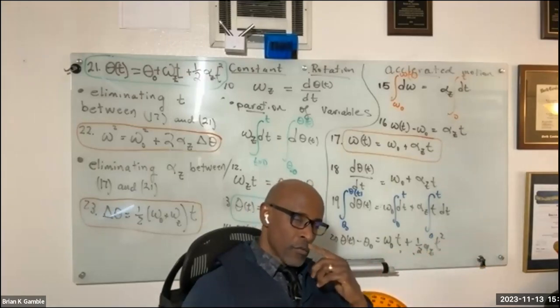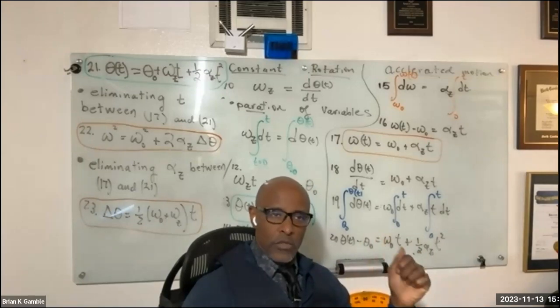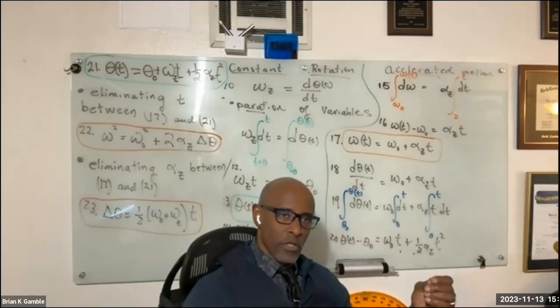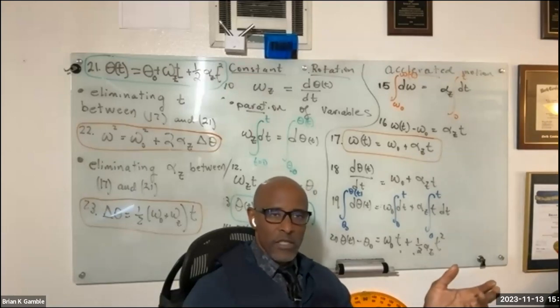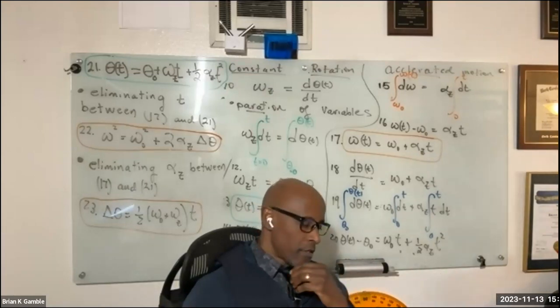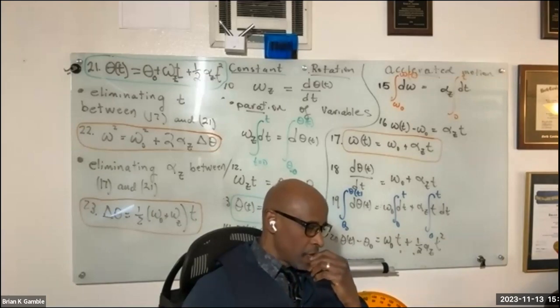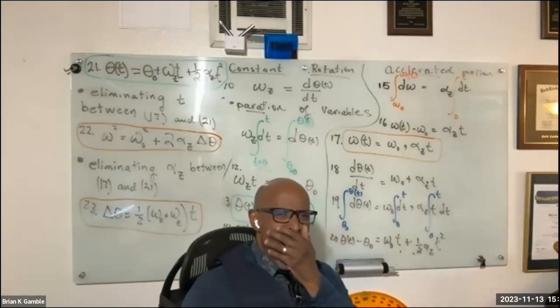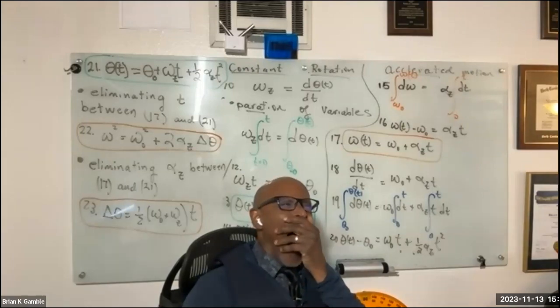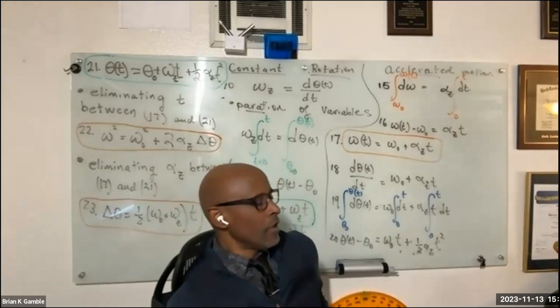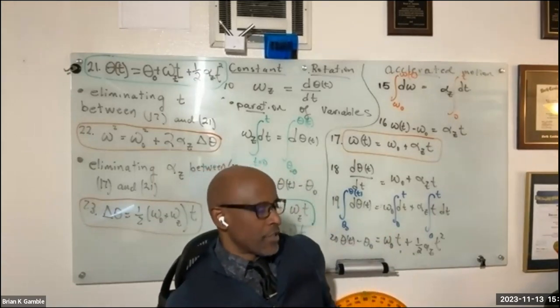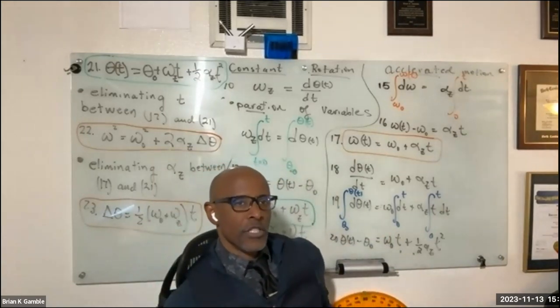Then we threw in a special case of rotational motion, which was centripetal motion, centripetal acceleration. I still classify that as a type, so let's put that down. That's six. And let's make a category of just general rotational motion, which we'll call seven.